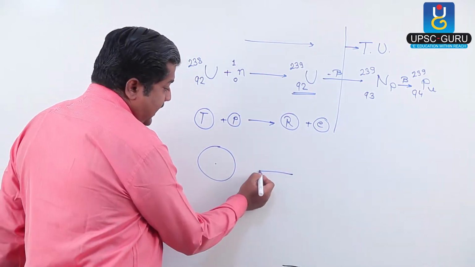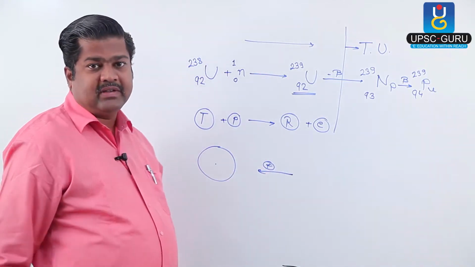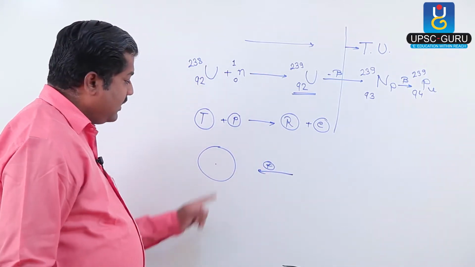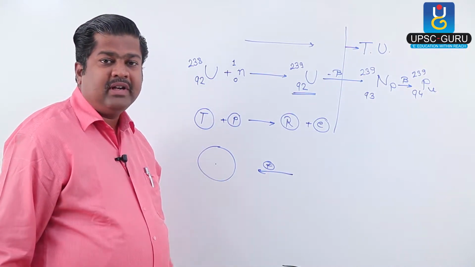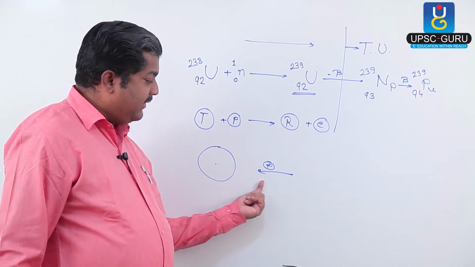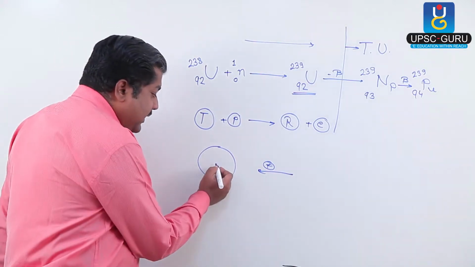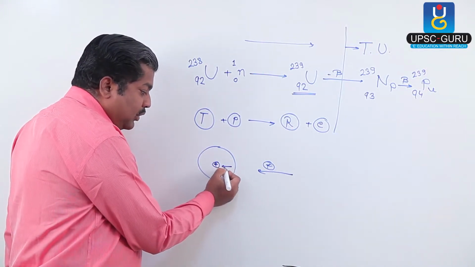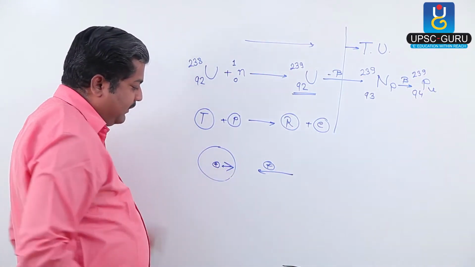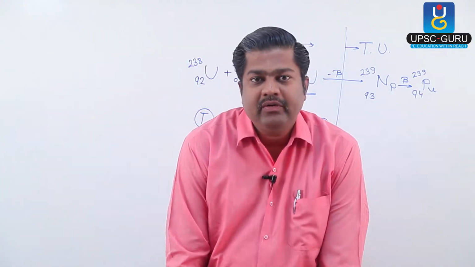The moment a positively charged particle approaches, it first meets the electronic cloud, but electrons have less mass. So with high velocity this particle can pass through the electronic cloud. But here also a strong positive charge is there. The moment it approaches, it will repel back with greater speed. Why? Because the nucleus has a strong positive charge.